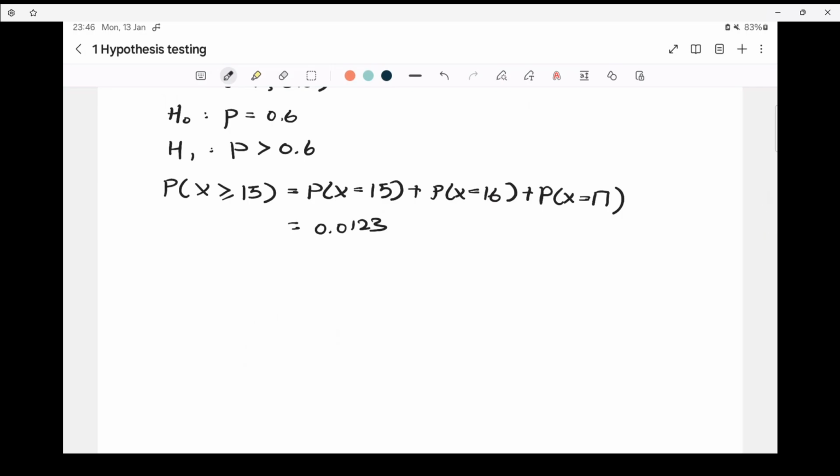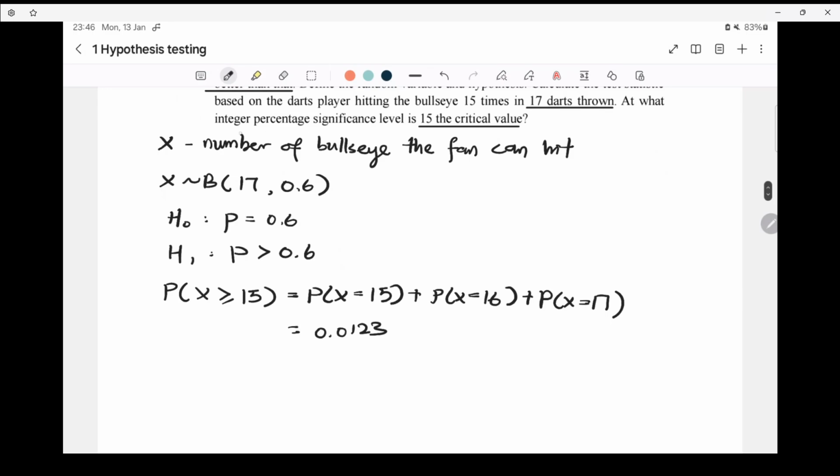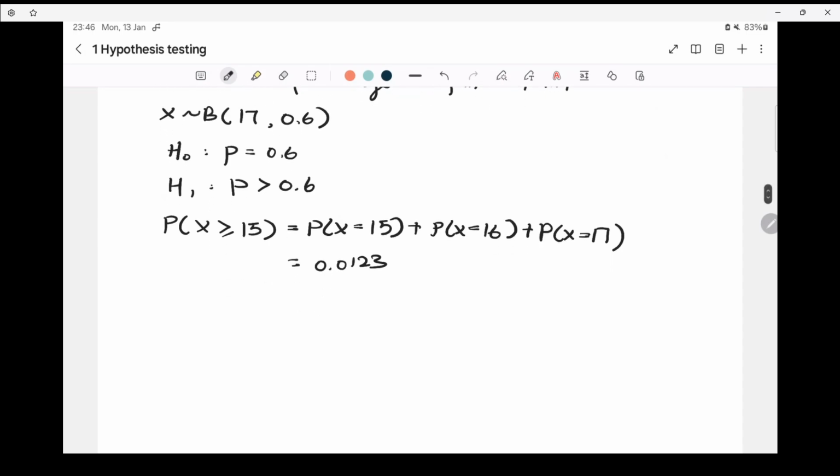So what you need to find? You need to set 15 as your critical value and at one integer percentage significance level.